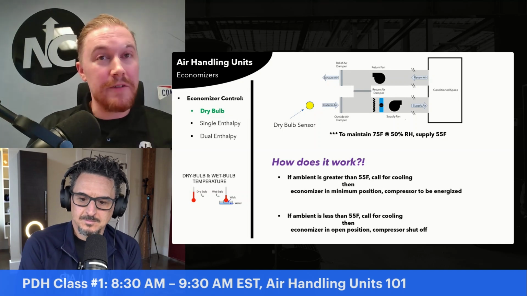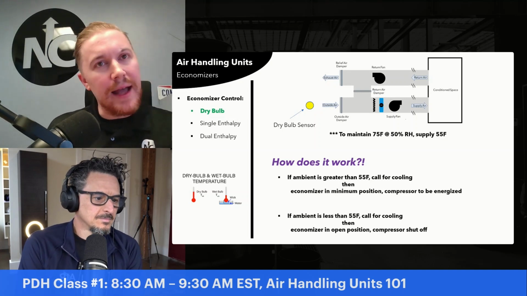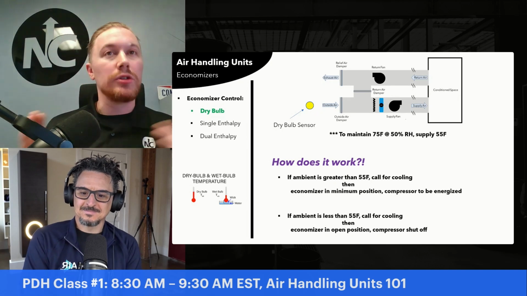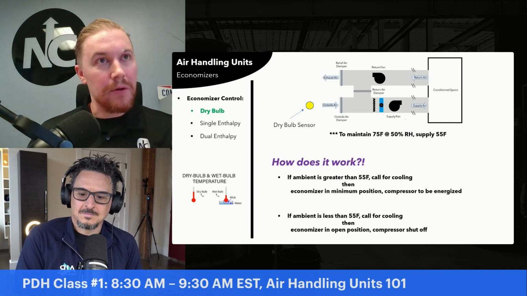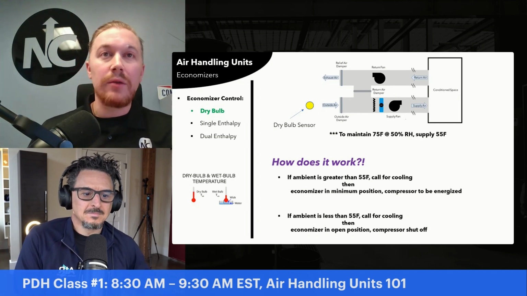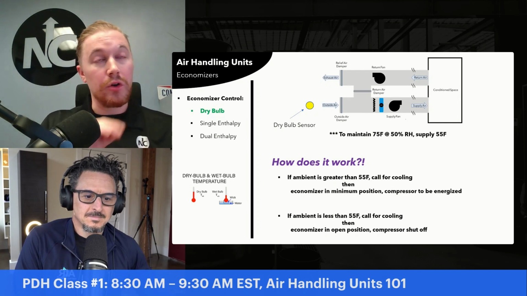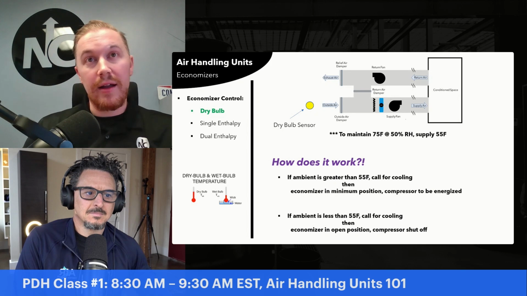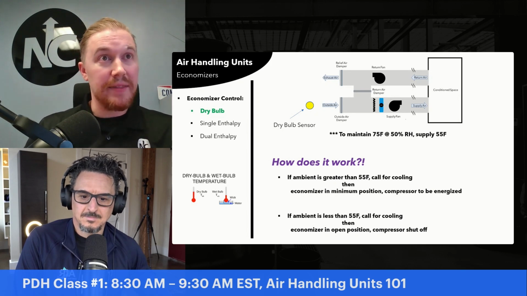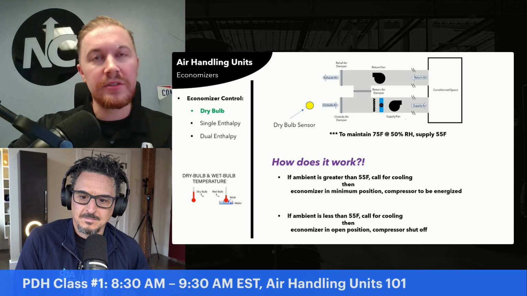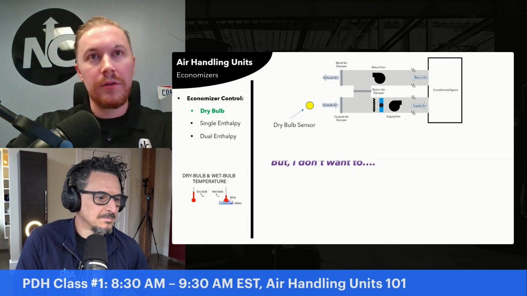If it's lower than 55 degrees outside, and that's our tipping point for our dry bulb control, we will close our return air damper, our mixed air damper, and we will open up our outside air and our exhaust air and flow fully through the air handling unit with outdoor air to provide that cooling and shut off mechanical cooling. That's how we use dry bulb control.